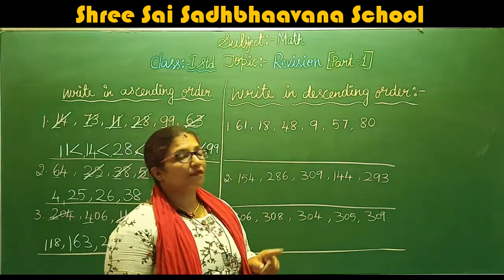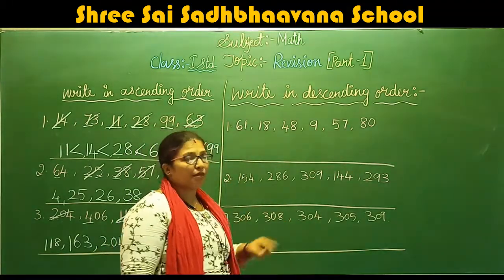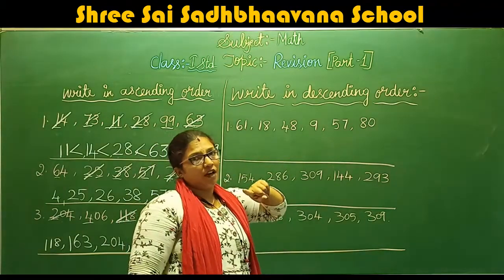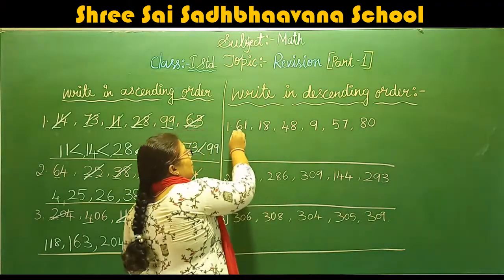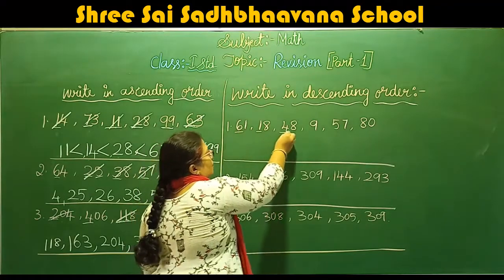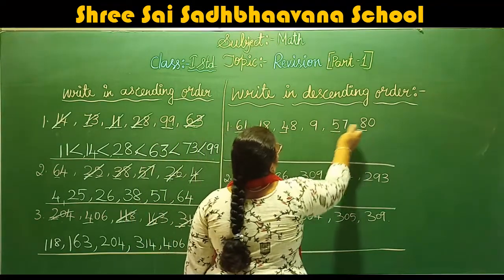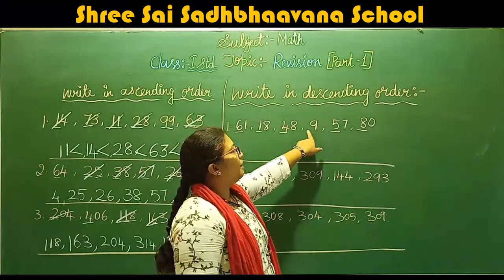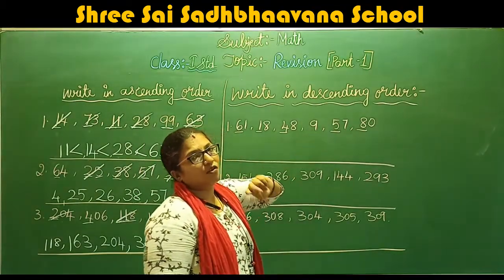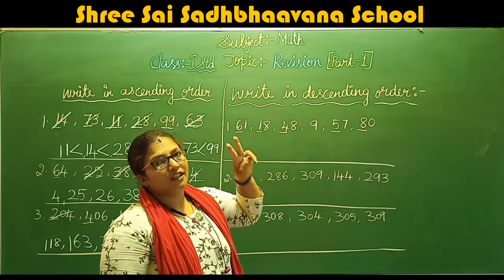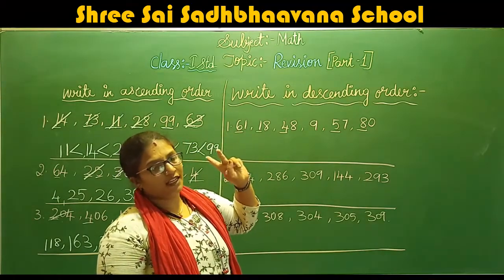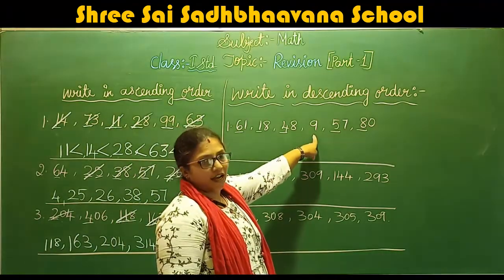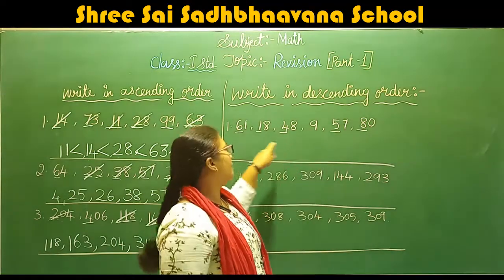Here we first take the 2-digit numbers, and one number is a 1-digit number. Here also we look at the tens place number. This is only 1, so the small number this only will be there. Among the 2-digit numbers we look for the biggest number, and it will be at last because it is a 1-digit number.